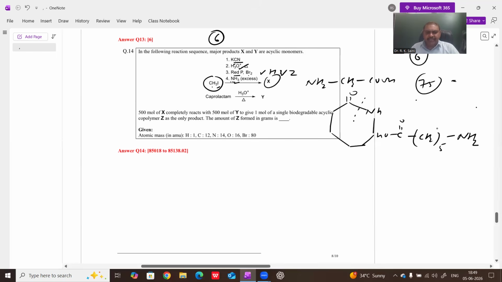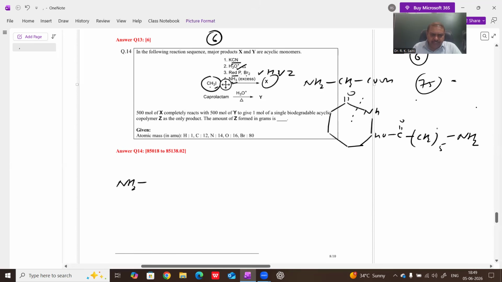On their polymerization, they give, say, polymer. Suppose 1 molecule of glycine and 1 molecule of this amino acid, which is obtained by the hydrolysis of caprolactam.